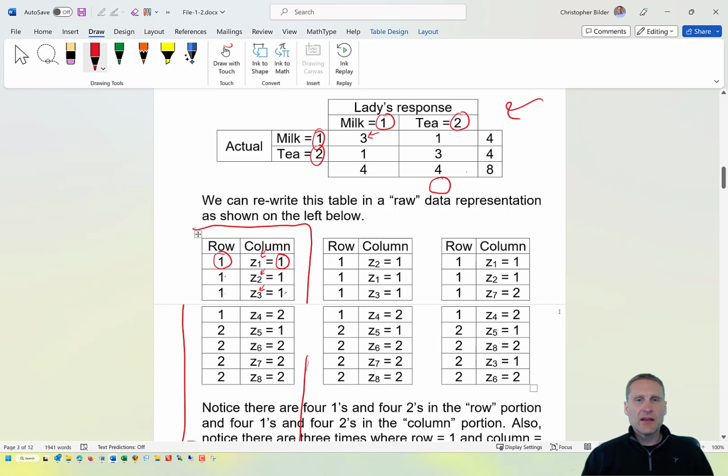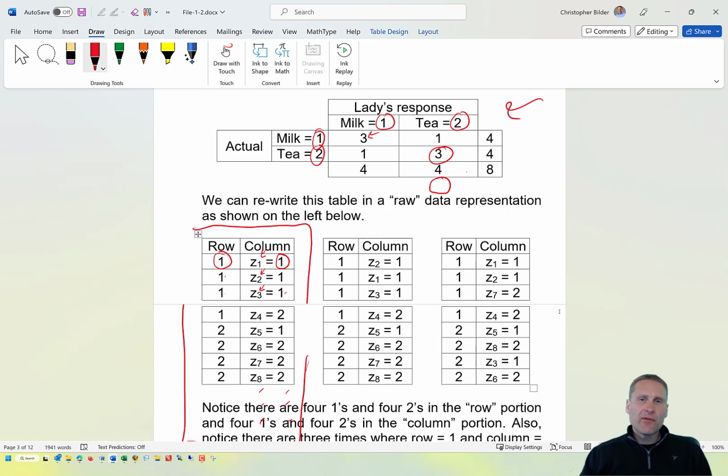Again, the Z's are meant to help us differentiate the different cups in a particular cell. Lastly, notice how I have 3 there: Z6, Z7, Z8 are exactly the same values.